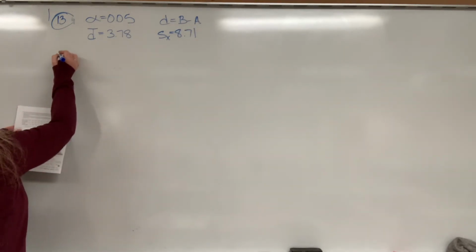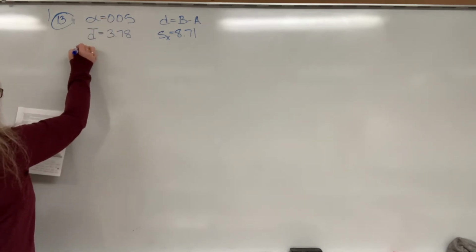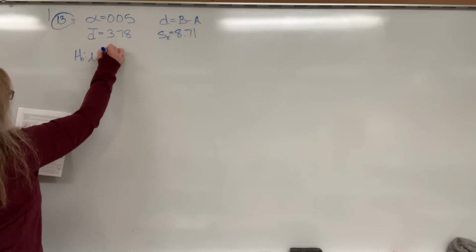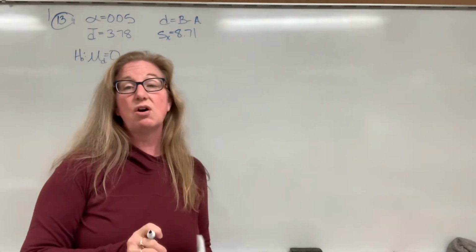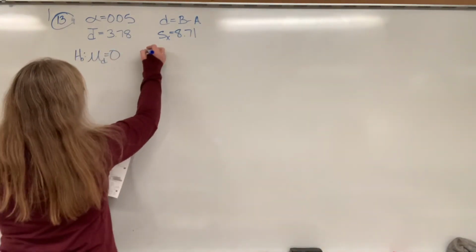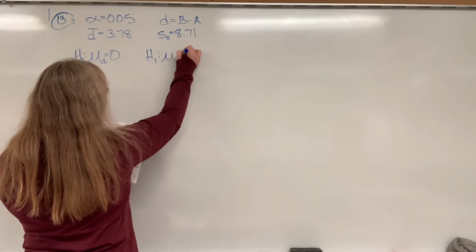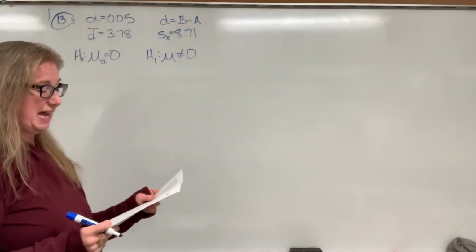And then part A says, what's the level of significance? That's 0.05. My null hypothesis, mu sub D equals 0. Remember, for paired differences, mu sub D is always 0. Always, always, always. And H1, mu sub D is not 0. All right, how did I know to use not?